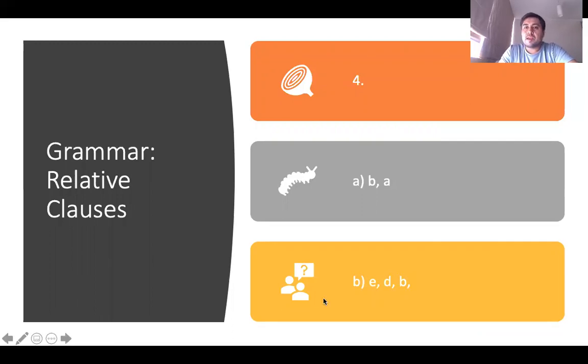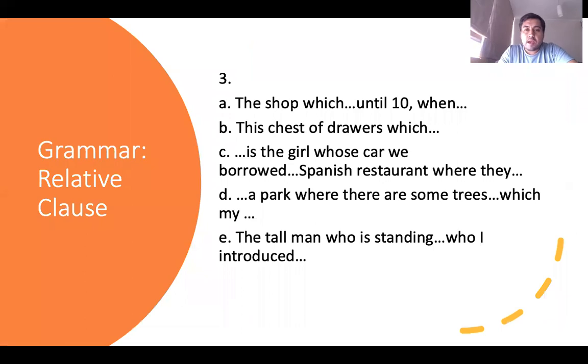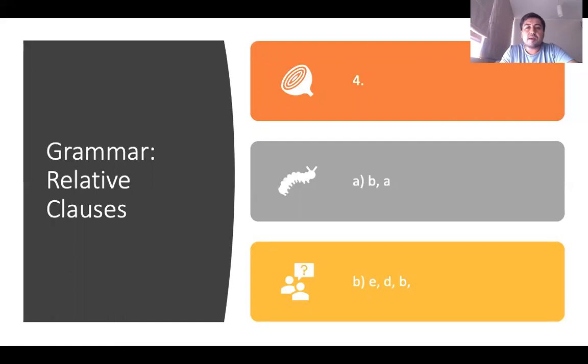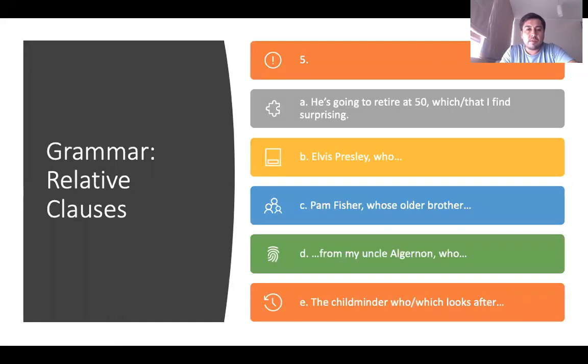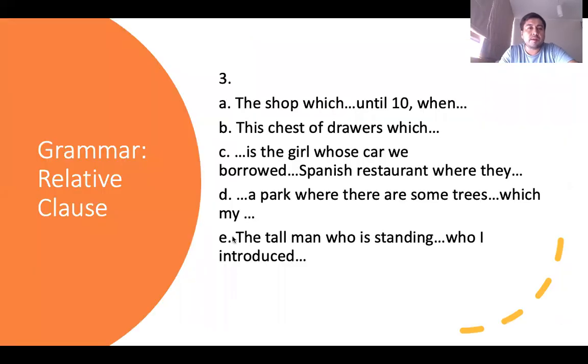Then in letter B, it is possible to use that instead of the one that is already being used, and it will be letters E, D, B. So if you pay attention here, E, D, and B, okay?